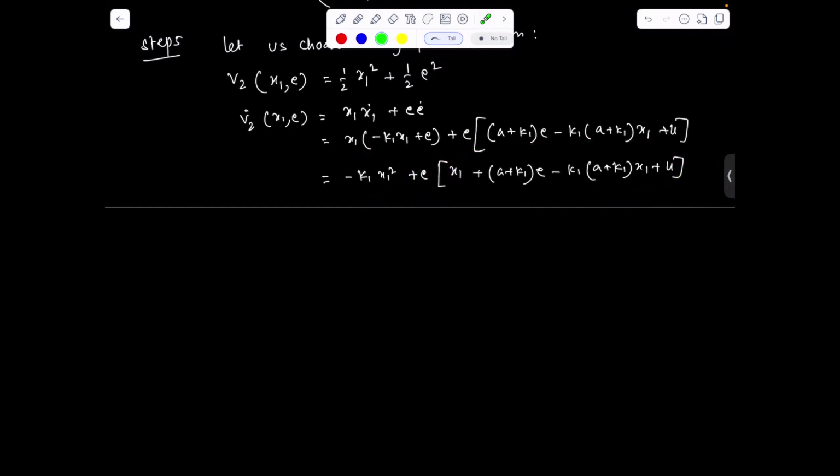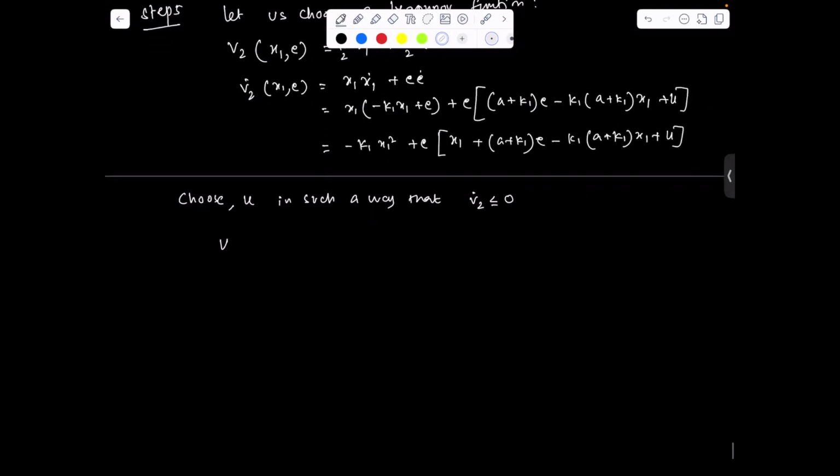So we have to choose u such that V2 dot is less than or equal to 0.